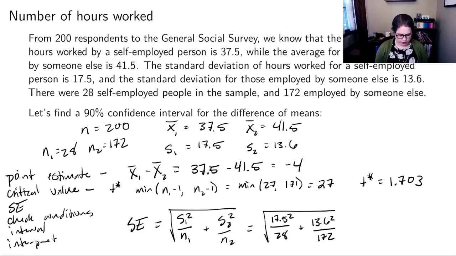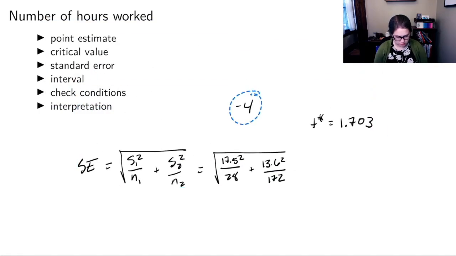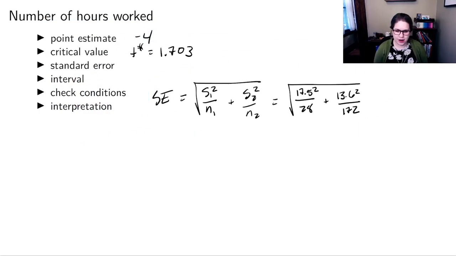Now I'm running out of room, so I think I'm going to move some things to my next page so that I can look at them there. Now I have a little more room. So we found the point estimate, that was the -4. We found the critical value, 1.703, and now we're working on the standard error.